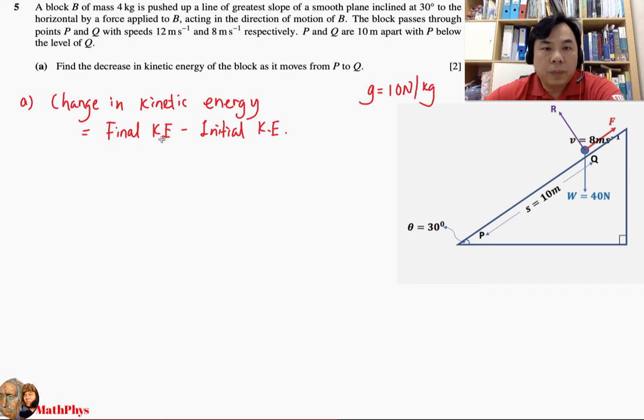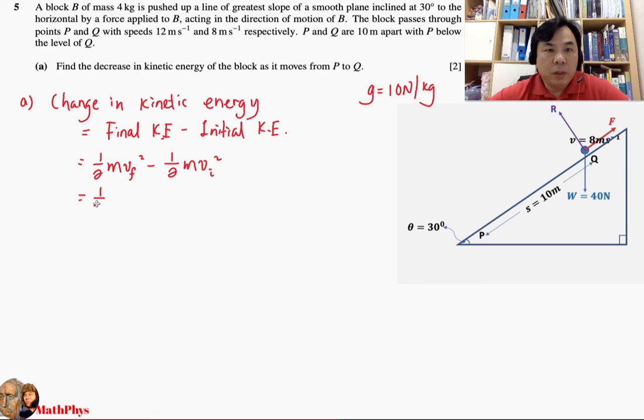Your final kinetic energy will be half m v final squared, and then subtract off your initial. Now we are looking at the change in kinetic energy as it moves from P to Q.